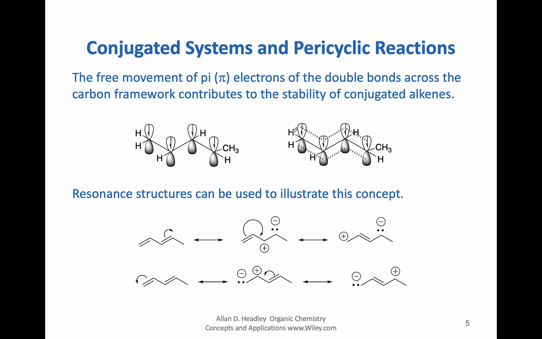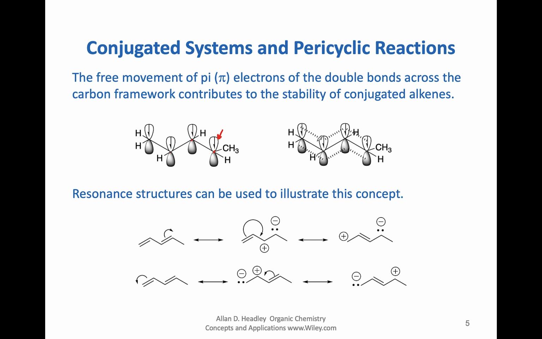So as you can see, it's very difficult to draw the movement of electrons. So we know that this carbon here is sp2 hybridized with a p orbital here with one electron. Same here, and here. So these electrons can freely move. So it's very difficult to draw electrons moving.